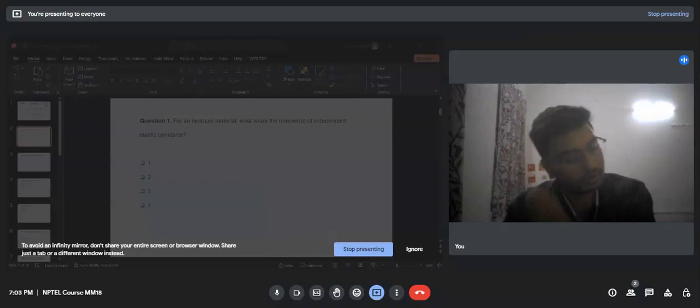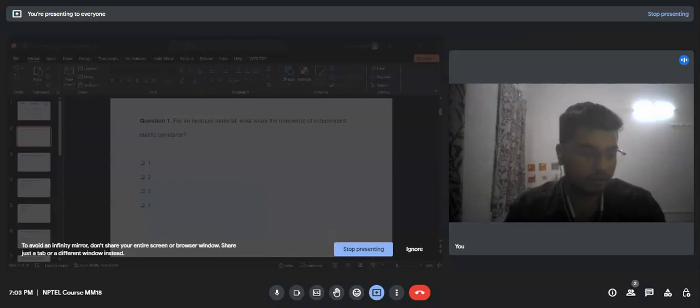Okay, then here for iron the S11 value will be in Pascal inverse.